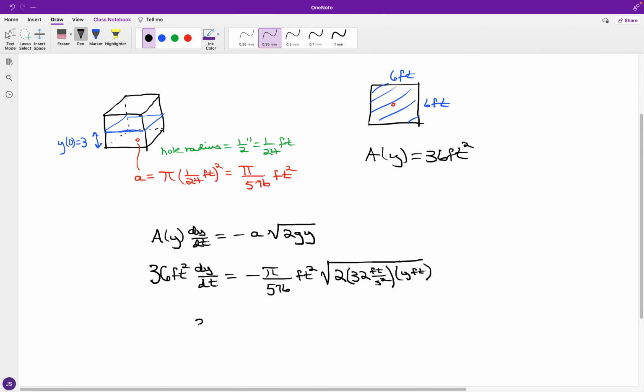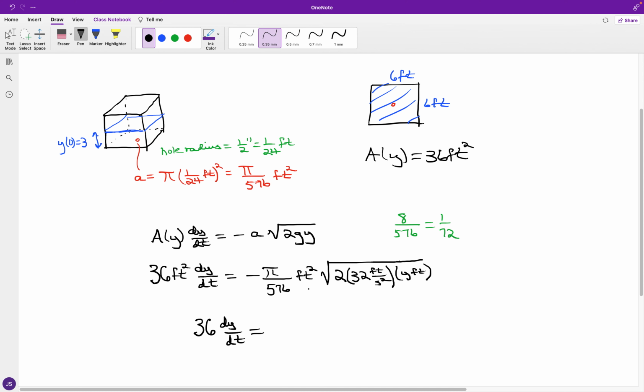All right, looking at what we have numerically and just bypassing the units, we have 36 dy over dt. Here I'm going to simplify: 2 times 32 is 64, the square root of 64 is 8, and we have 8 over 576, which goes to 1 over 72.